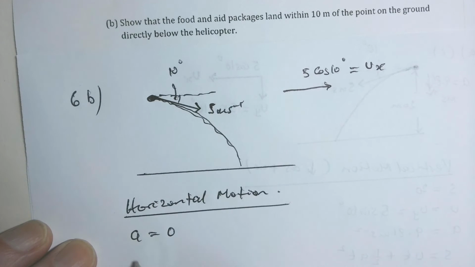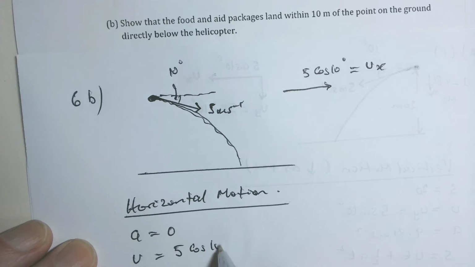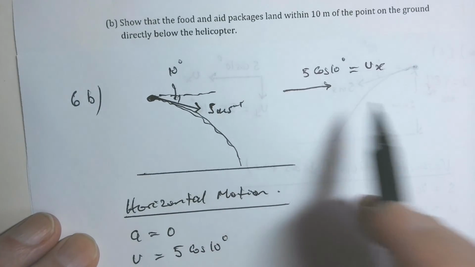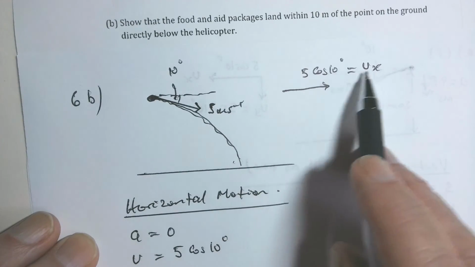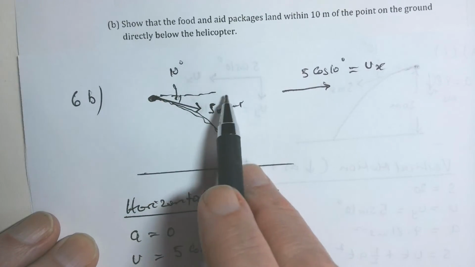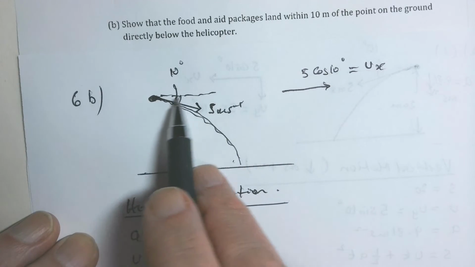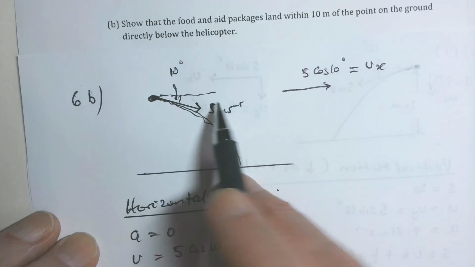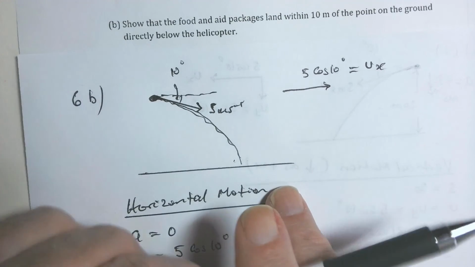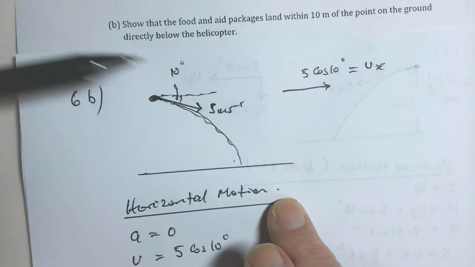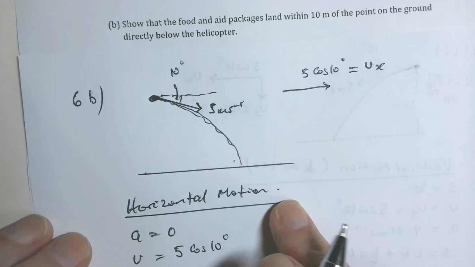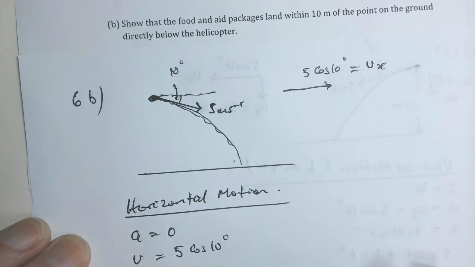So u, in our Suvat equation, is going to be 5 cos 10 degrees. And the final velocity is still going to be this. The velocity is just going to be continuously 5 cos 10 degrees all the time. There's no acceleration, so this is not going to speed up.